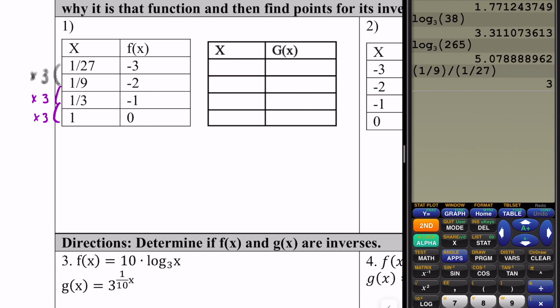Okay, let's see what the y values here are doing. The y values are going +1, +1, +1, so they're just going up by 1.